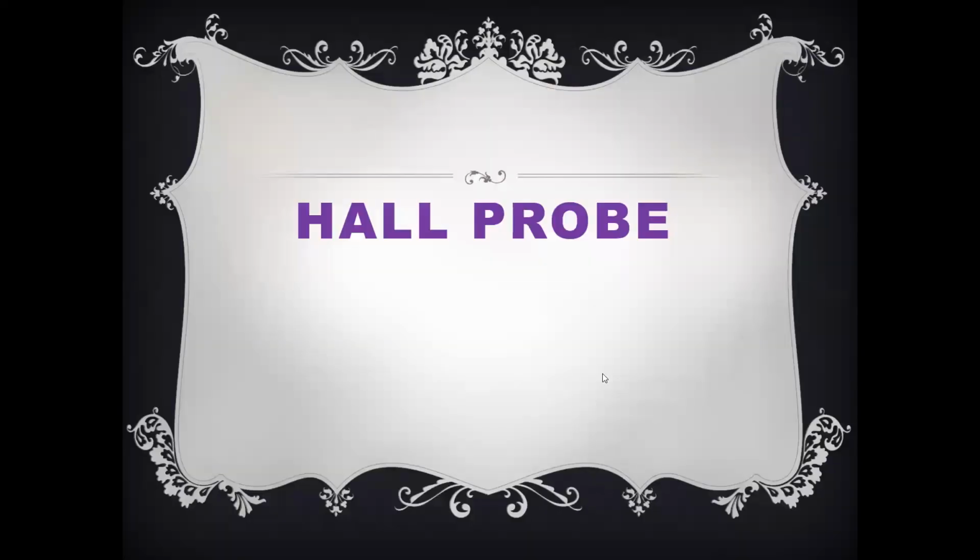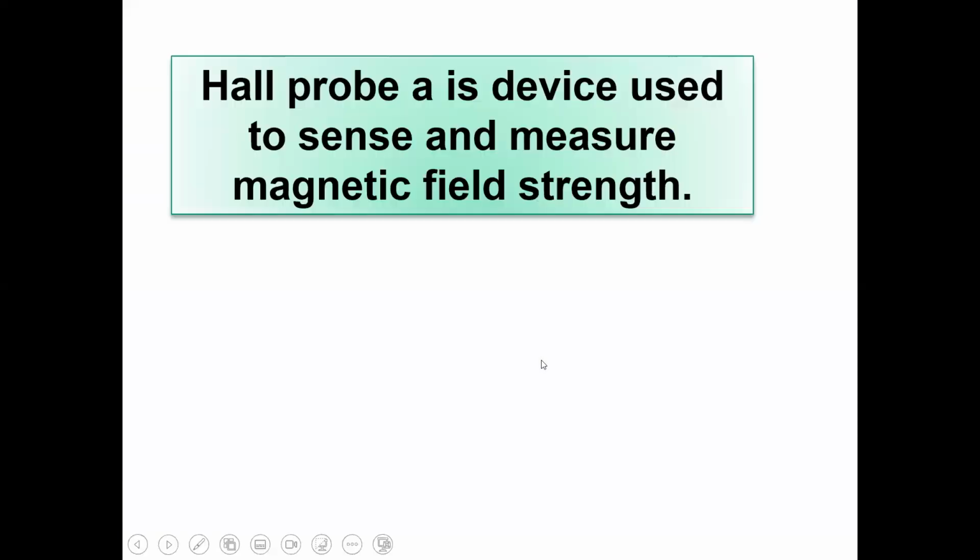Now give a new heading, Hall probe. Hall probe is an application of Hall effect. It is one of the most sensitive instrument probes to detect and measure magnetic field strength. Magnetism is an invisible phenomenon. You can feel it, but you can't actually observe it physically.